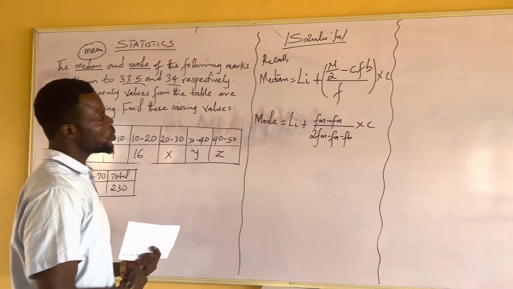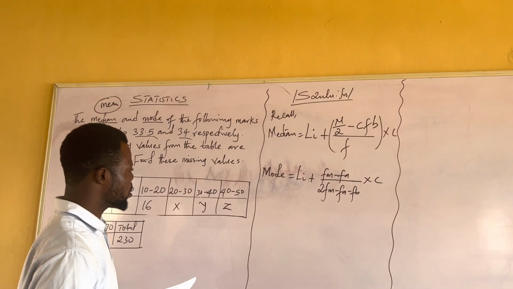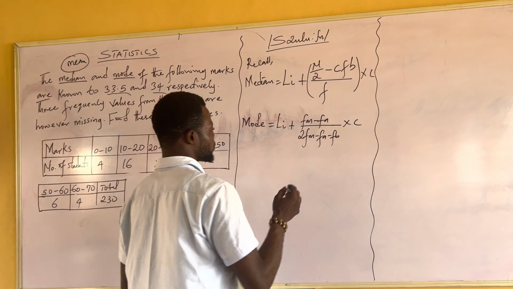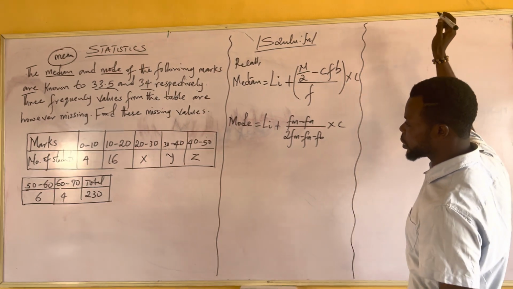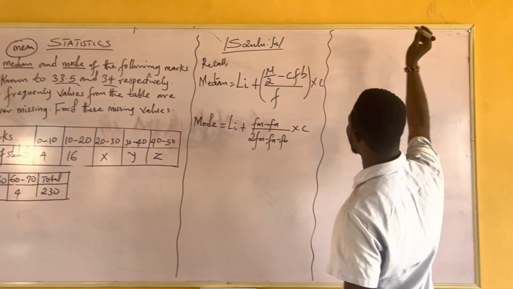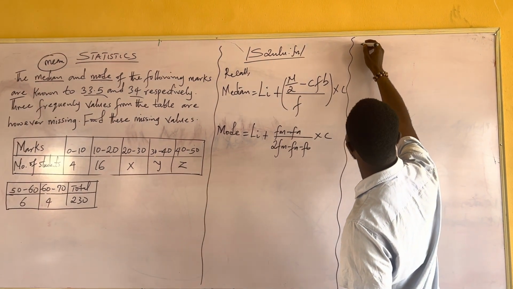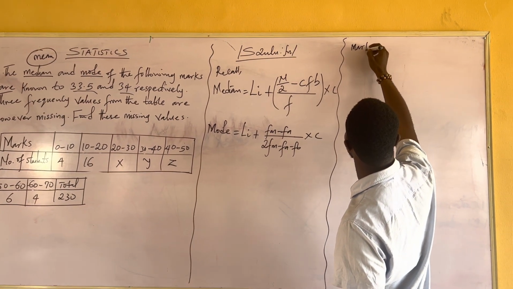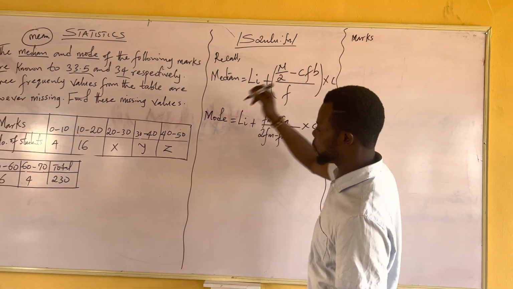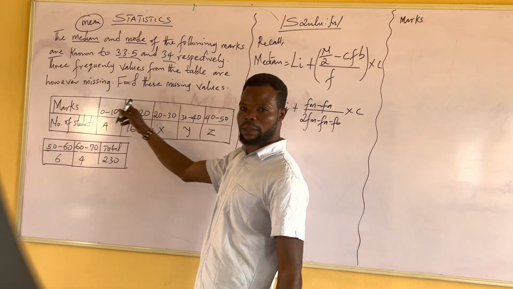So if you want to draw a table for this, let's draw a table for this. We can have the marks. So these are the class limits.